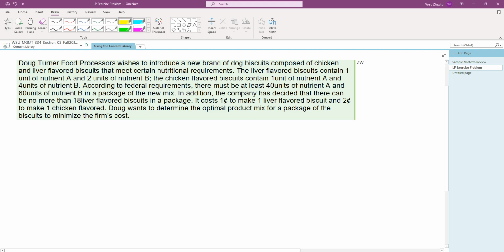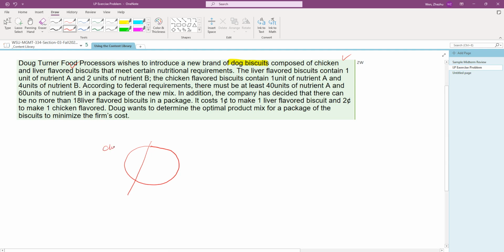This is a company that makes a new brand of dog biscuit, composed of chicken and liver flavored biscuits. From my reading, they are currently making a package, some kind of assortment, where some proportion is chicken flavor and the other part is liver flavored.